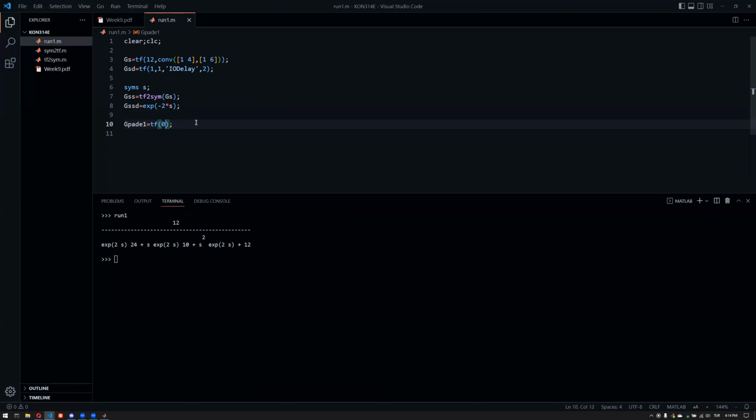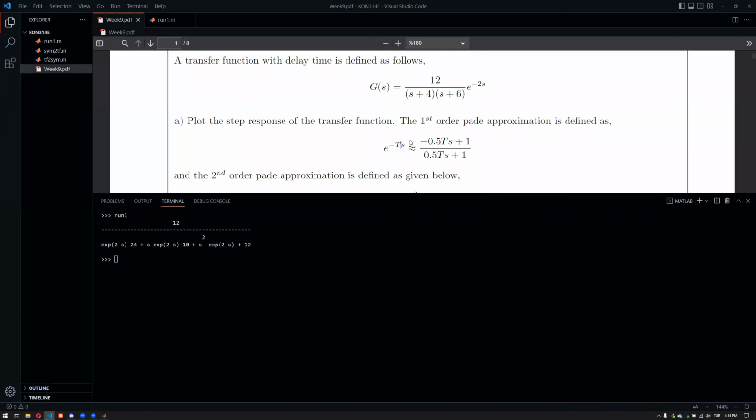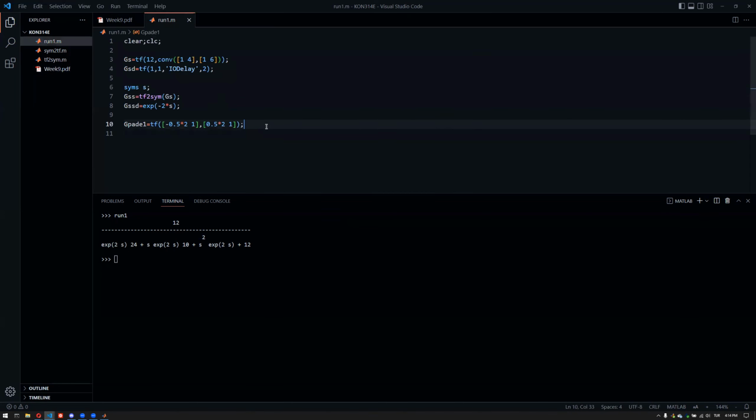And let's define the transfer function. So minus 0.5 times 2 and 1, and then 0.5 times 2 plus 1, because here tau is equal to 2. So this is equal to 2. Actually, it's minus s plus 1 and s plus 1, but I'm just going to write it down like that.